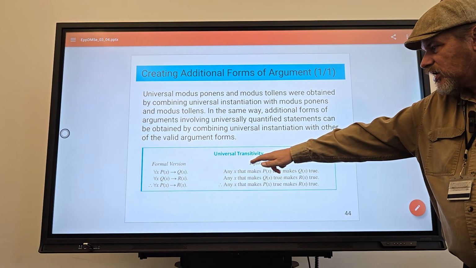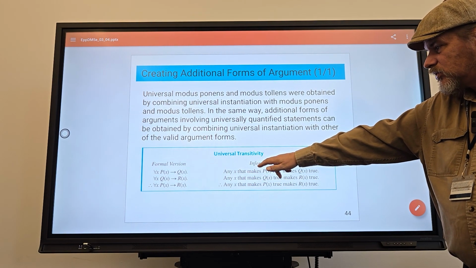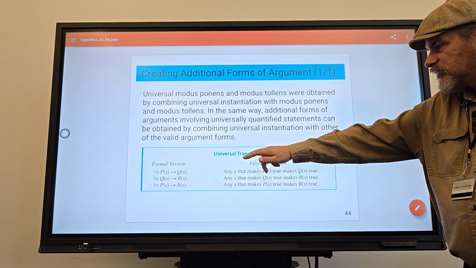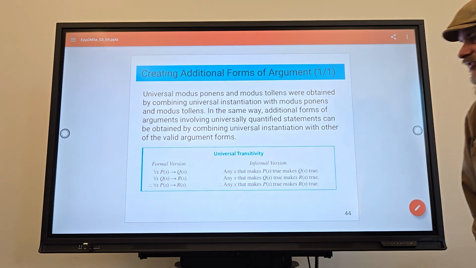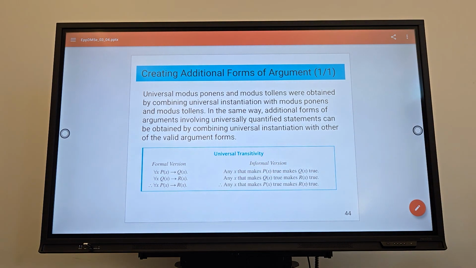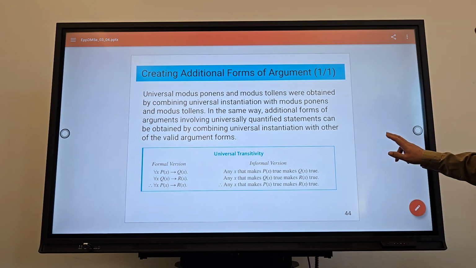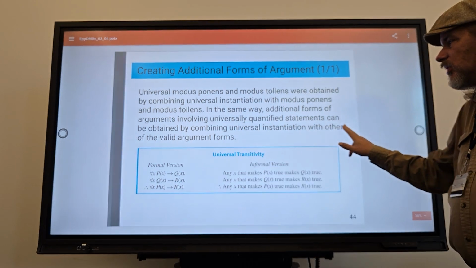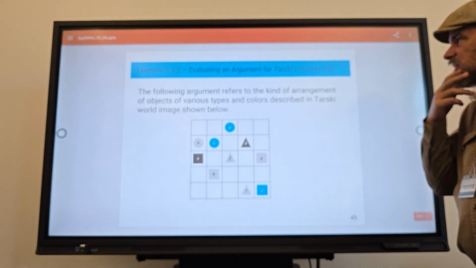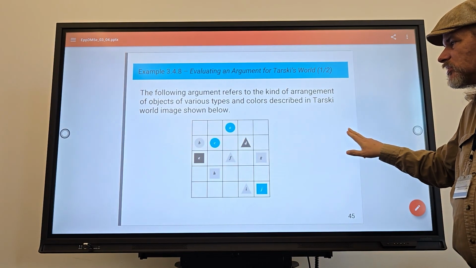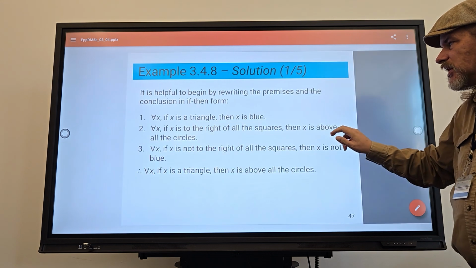If P(x) then Q(x), and if Q(x) then R(x), therefore, if P(x) then R(x) for all x. And again, for Tarski's world, skip that.